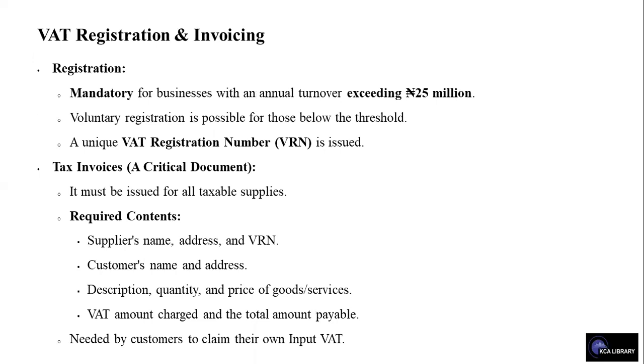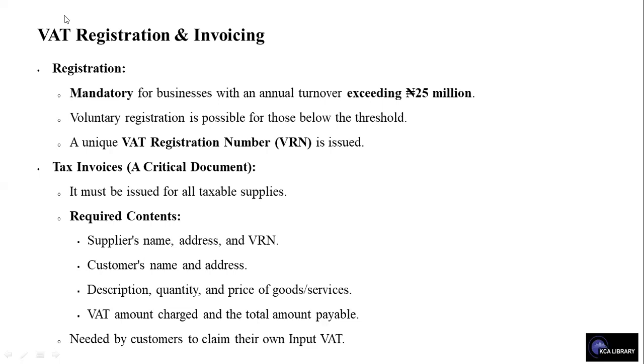And looking at the aspect of registration and invoicing. Under registration, it's mandatory for businesses with an annual turnover exceeding 25 million, and voluntary registration is possible for those below the threshold.